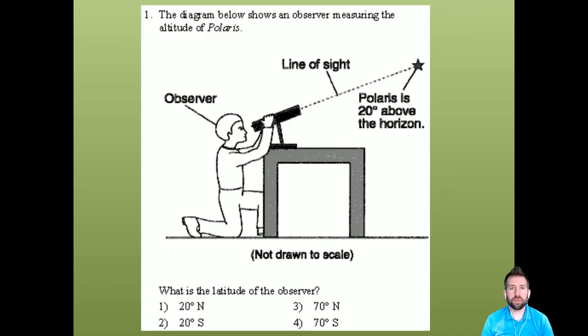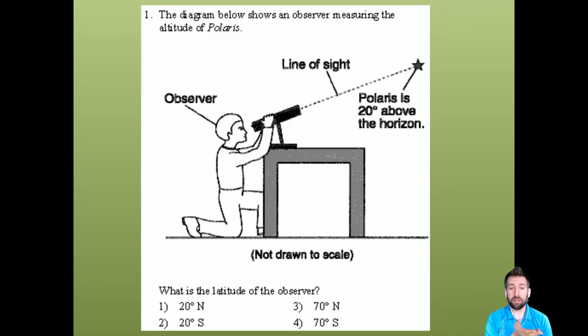Here's an example from a Regents exam. What is the latitude of the observer? You can see there's the observer here, and he's looking up at Polaris, which is 20 degrees above the horizon. Now this is the other part of it. The North Star can only be seen in the northern hemisphere. Again, a hemisphere is like the halves.